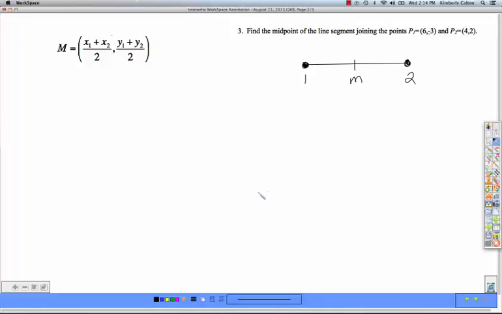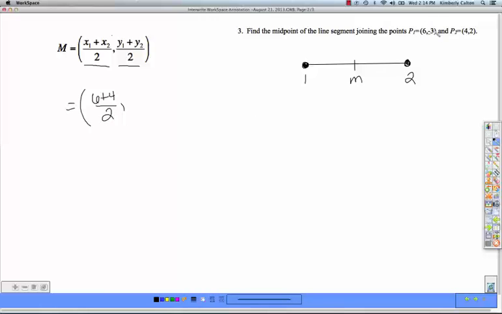So since it's halfway, that's exactly how you need to think of these. We're going to find the halfway point of the x's here, and then the halfway point of the y's. So we're simply going to use what they've given us. For x1 and x2, we have 6 and 4, so 6 plus 4 over 2.